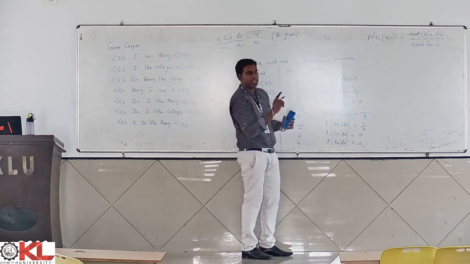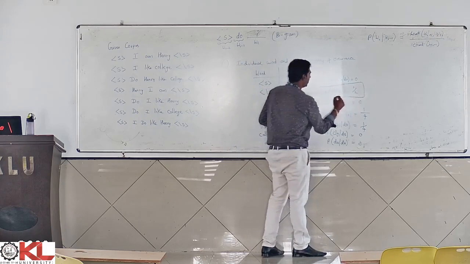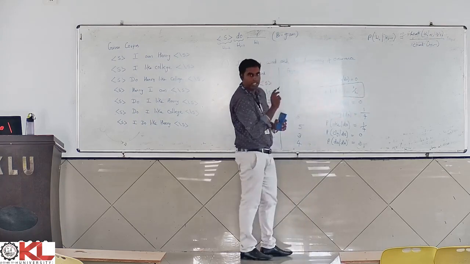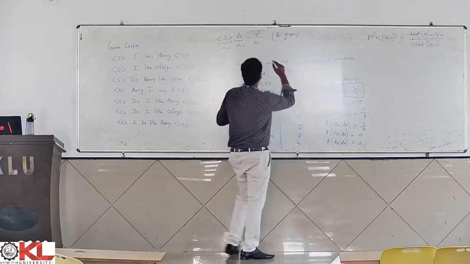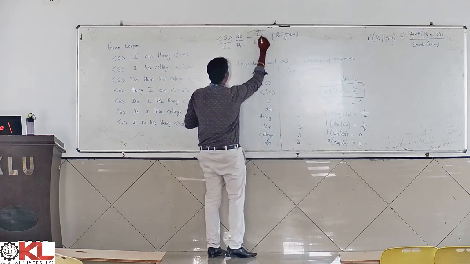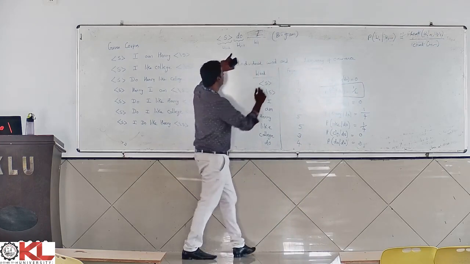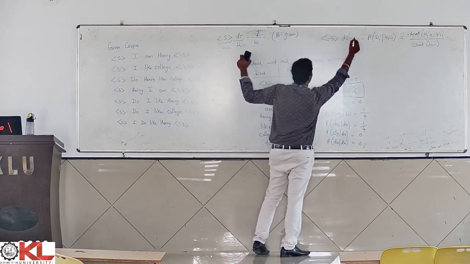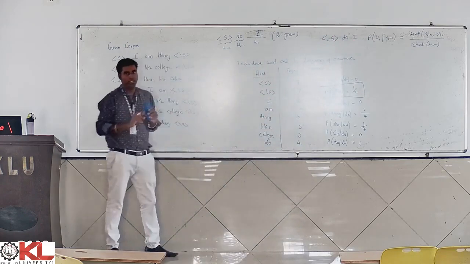Here, which one has the highest probability? The highest probability is the occurrence of word "I" after "do". So the bigram model will select this particular word "I" and substitute it here. So what is the answer for this particular problem? It comes as the starting sentence "do I", as per the bigram model.